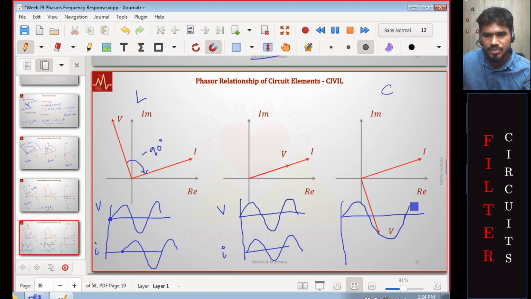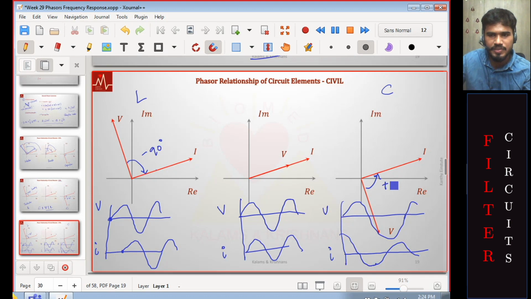If you have the voltage like this, the current will be advanced. In that case, the current will actually be like this, because this is plus 90 degrees. Or the current curve kind of starts here with a pi by 2 advance.